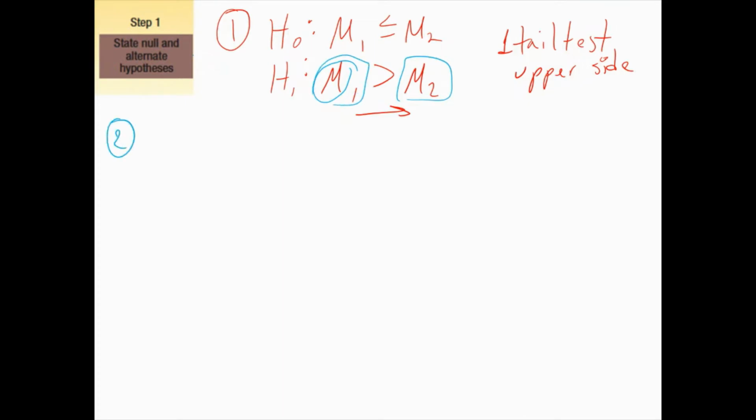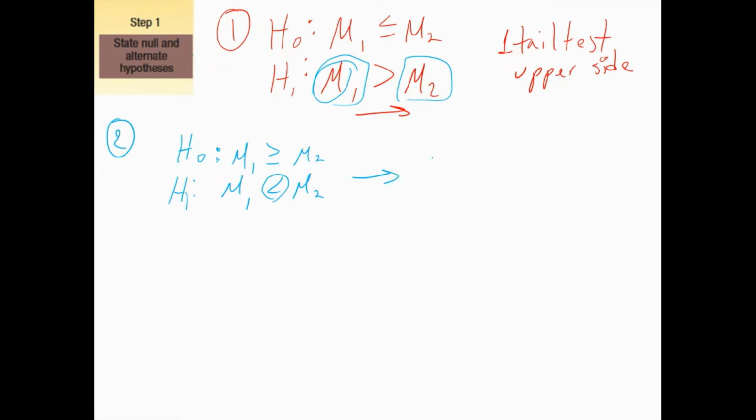Another case in step 1 is if the mean of the first population is less than the mean of the second population. In this case, H1 is less than, and H0 will be the opposite, which is more than or equal to. The equal sign always goes on H0.